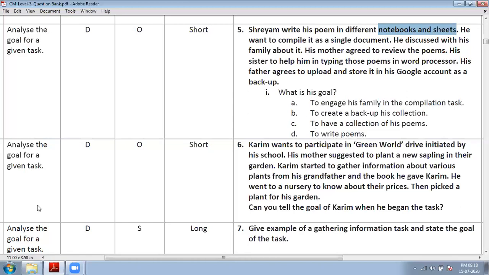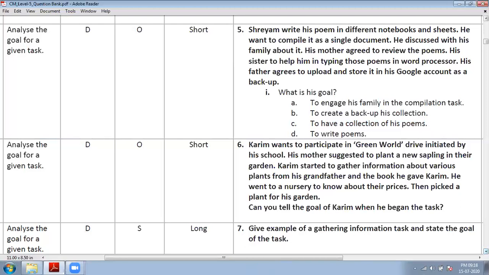The first one is to engage his family in the compilation task. No, this is not the only goal. To create a backup of his collection. No, this is not the only goal. To have a collection of his poems. That is why he is first writing different poems in notebooks and sheets. This option covers the whole story of this paragraph. So the answer will be to have a collection of his poems.